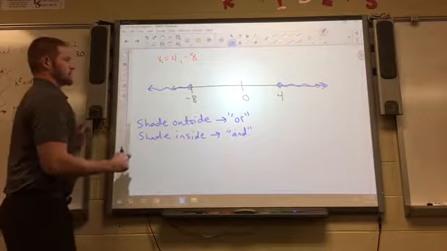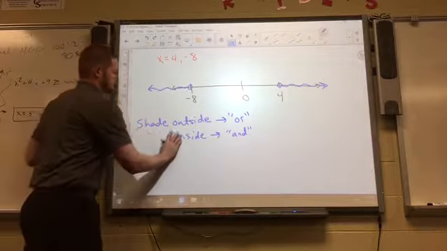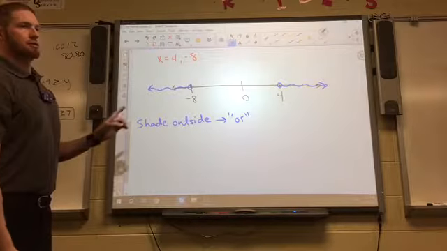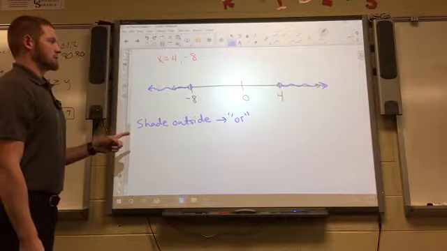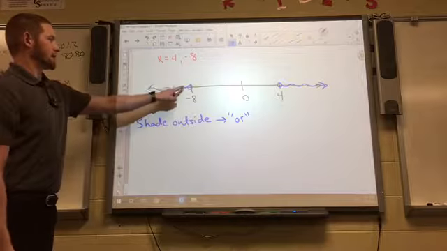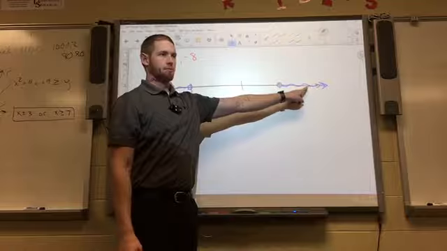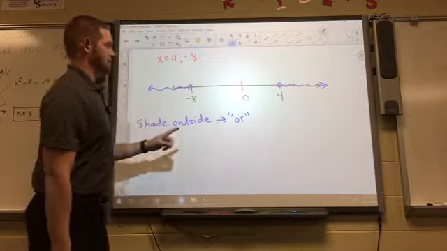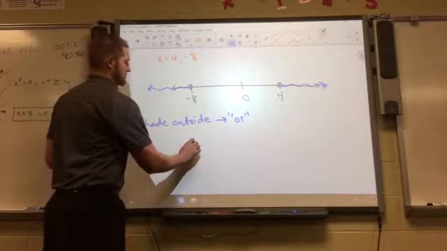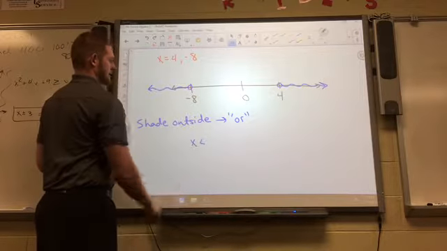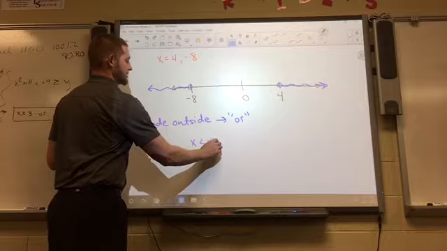It's going to be an or statement because there are no numbers that can both be less than -8 and bigger than 4 at the same time. So it has to be an or statement. Our answer is that x, with an open circle, is less than -8.